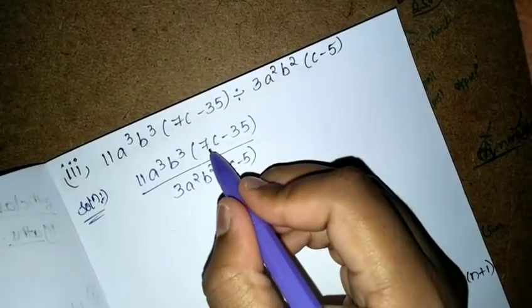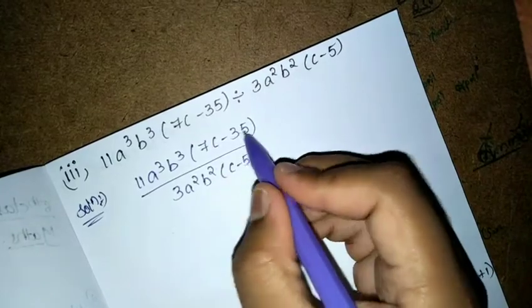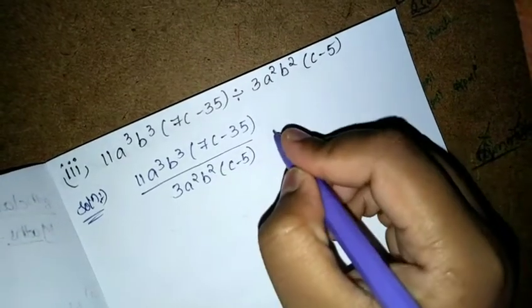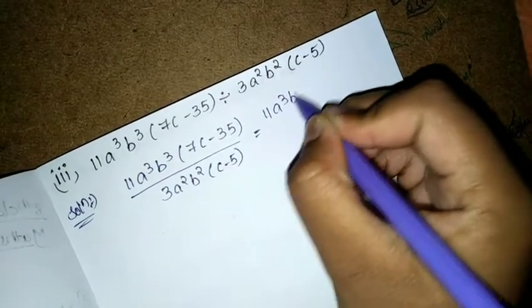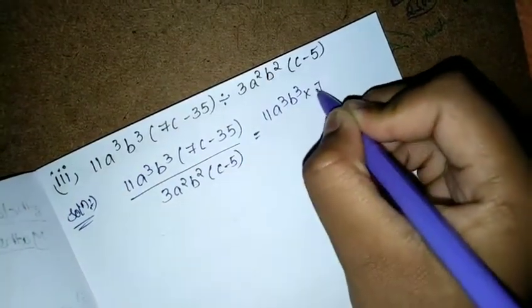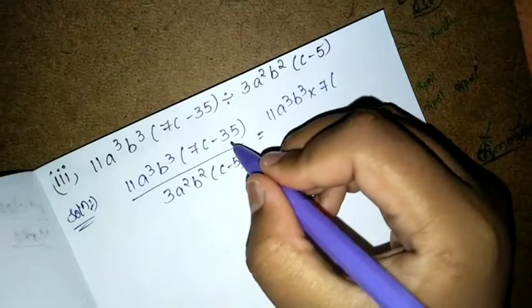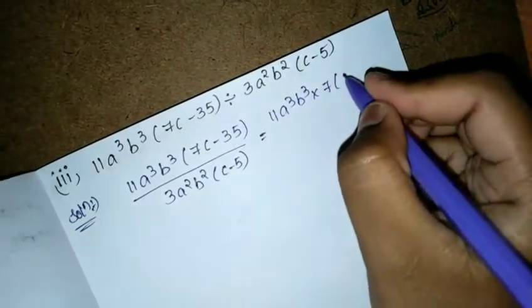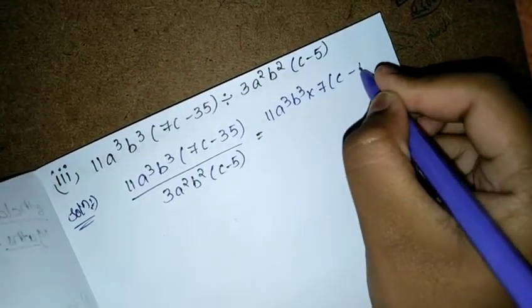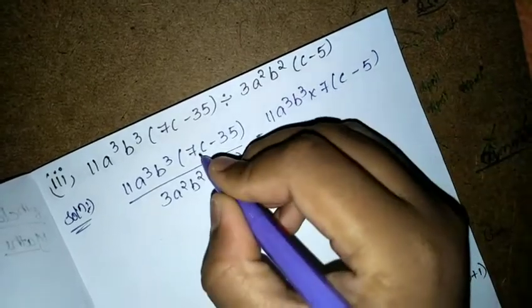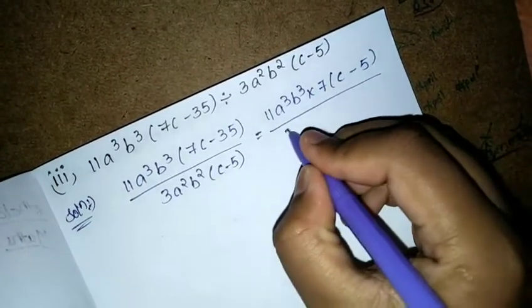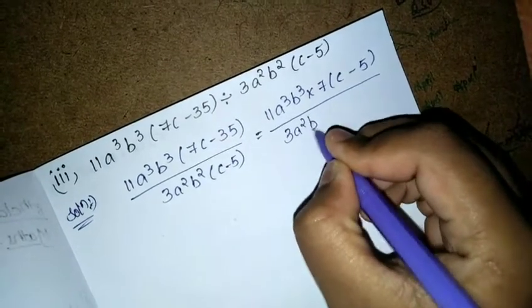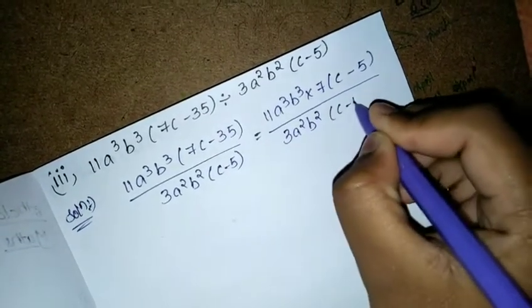If we take 7 common from these two terms, then we get 7 into (c minus 5). 7 into c is 7c, 7 fives are 35, divided by 3a square b square (c minus 5).